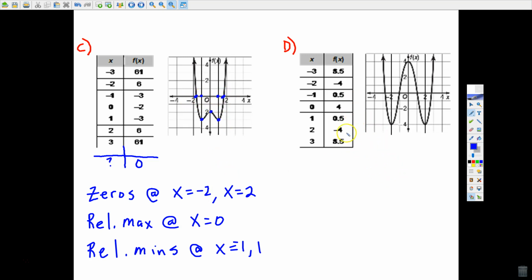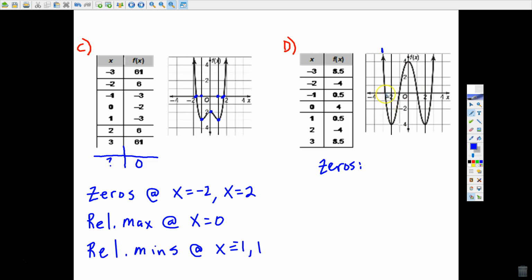Okay, let's jump over here to this one. Let's estimate the zeros. Let's see, where are we crossing? That's hard to see, but this is negative 3, negative 2, negative 1. It's very faint.